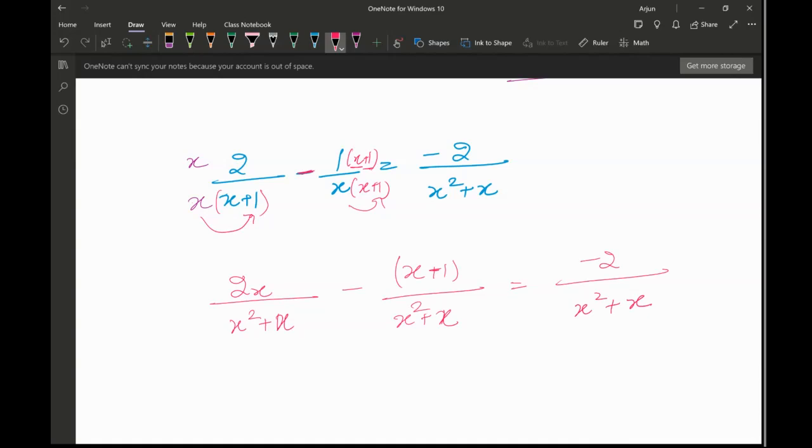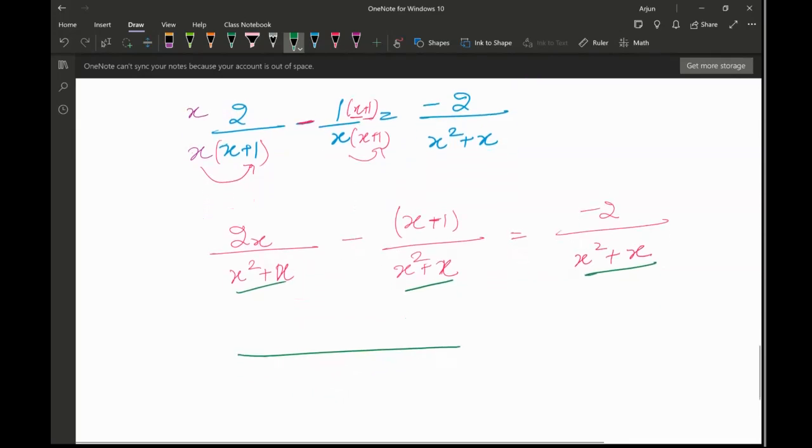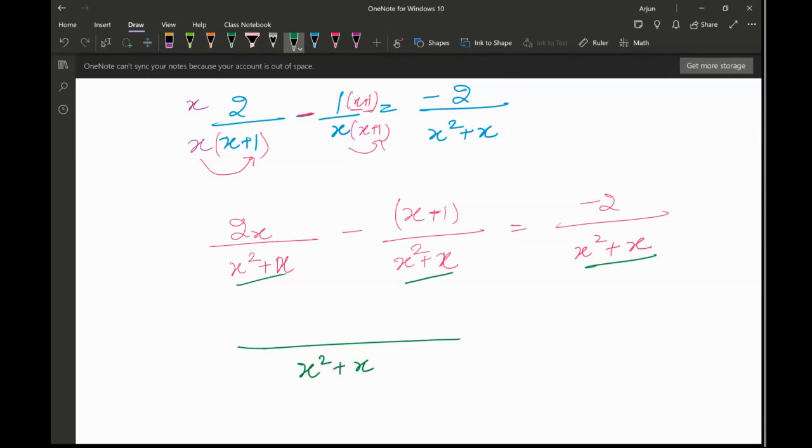Now here comes a situation. If the denominator is the same on both sides of equality, here I can write the denominator as x square plus x, 2x minus 1 equal to minus 2 upon x square plus x.